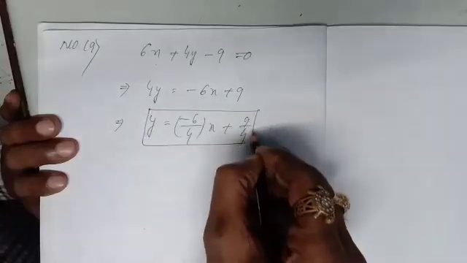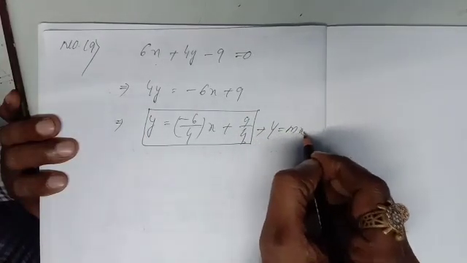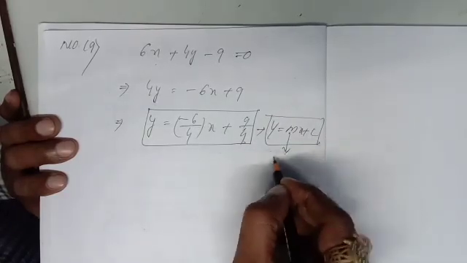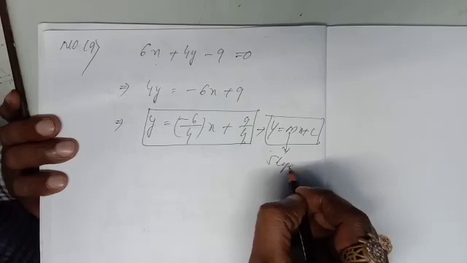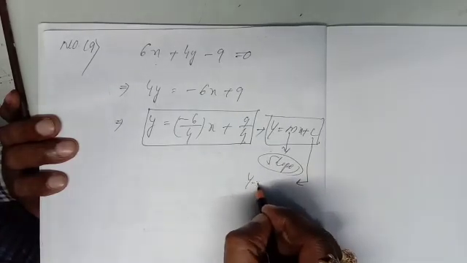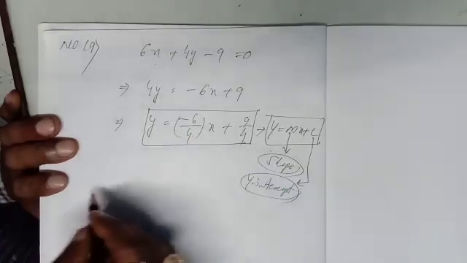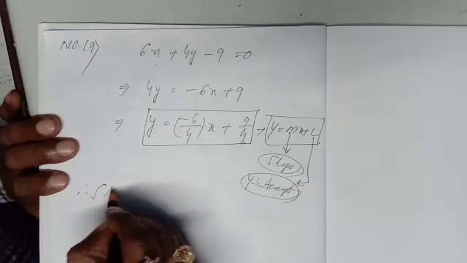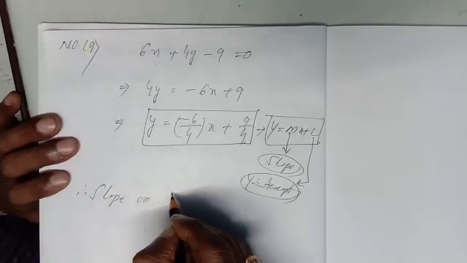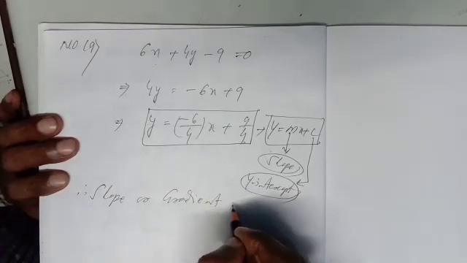Just compare this line equation with y is equal to mx plus c. Here m means slope of the line and c stands for y-intercept. So comparing this one, slope or gradient equal to how much?